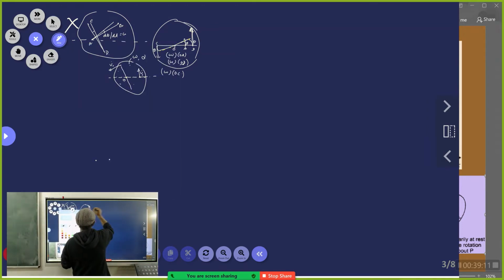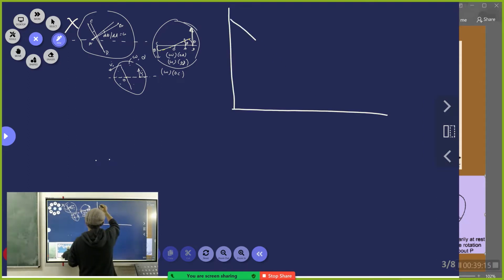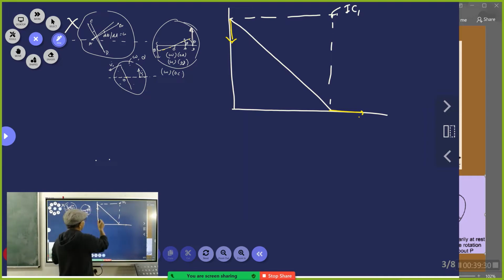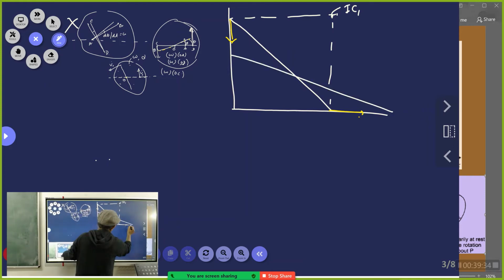Because you can see that at one instant the rod is like this. So this velocity vector is down, this velocity vector is here. So the instantaneous center is this. This becomes IC1. At some other instant of time, the ladder is like this, so this is the velocity.